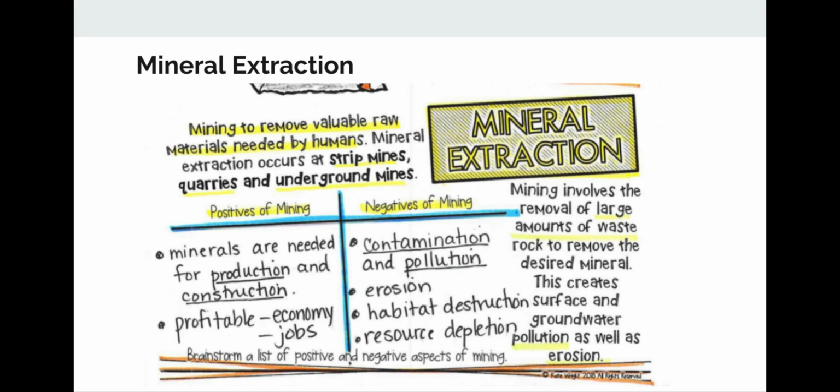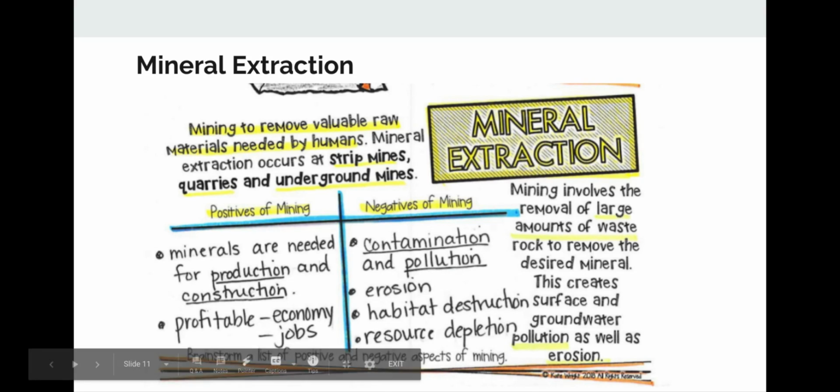Contamination and pollution of the planet, erosion, so wearing down of the surface of the planet, habitat destruction, so animals don't have a place to go, and resource depletion. Eventually, that mine's going to run dry. We're going to run out of material to mine. And then all of that industry that has built up around there now has nothing, right?